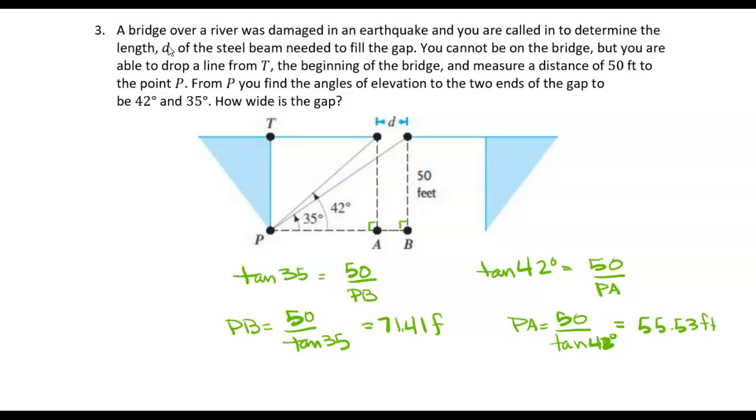Okay, and you can see the distance between these two lengths, PA and PB. The difference between them is D, right? So now we can find D by taking the difference of the two. PB minus PA.